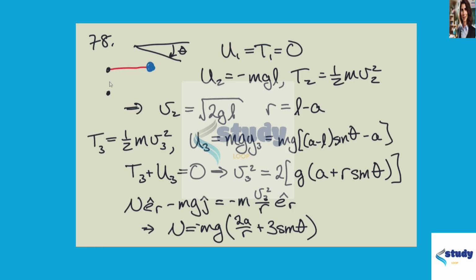Now, we need to make sure of two things: that the velocity up here is positive, but also that the tension in the cable is still positive. Otherwise, it'll go slack and it won't be making a circle around this point.